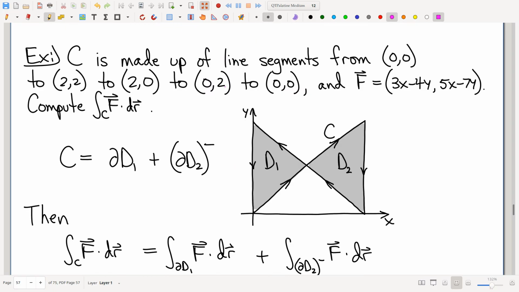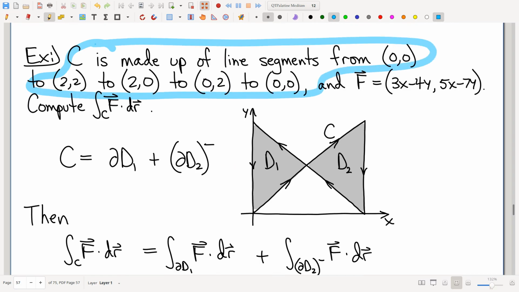This is just kind of geometrically different. Our curve for our line integral is 4 line segments that make up what I like to call sort of a triangular figure 8, if you will. Now, how would we compute this?